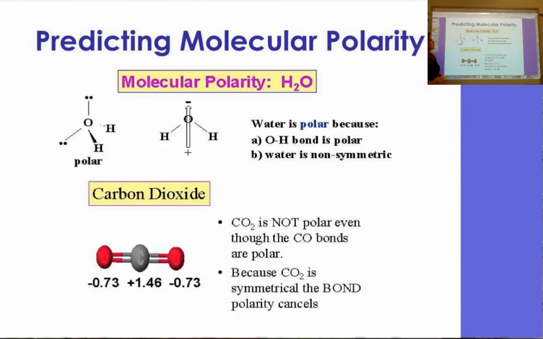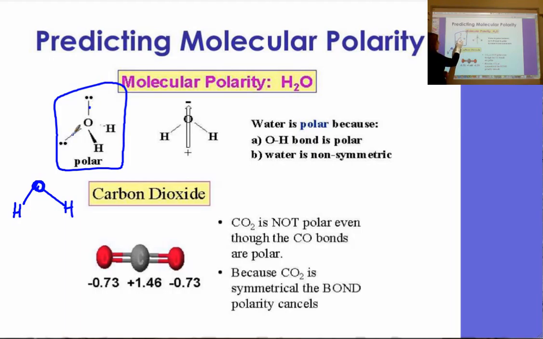Let's talk about some examples. Here's the Lewis structure for water. To simplify that, we have our oxygen with 2 hydrogens, and there's 2 lone pairs. So we're going to call that bent 2. Looking at the structure, does it look symmetrical?